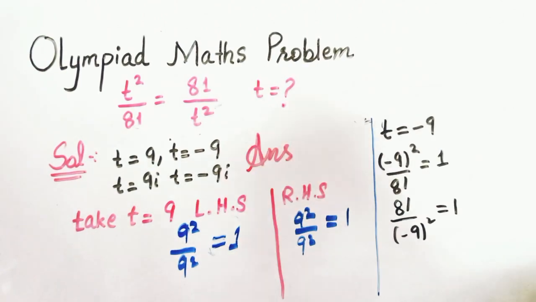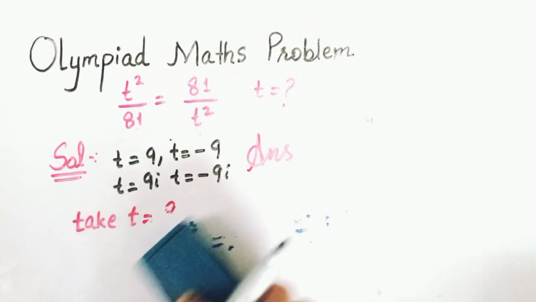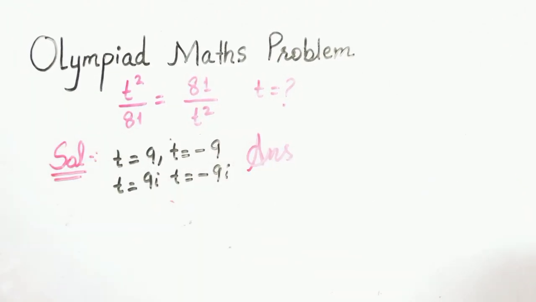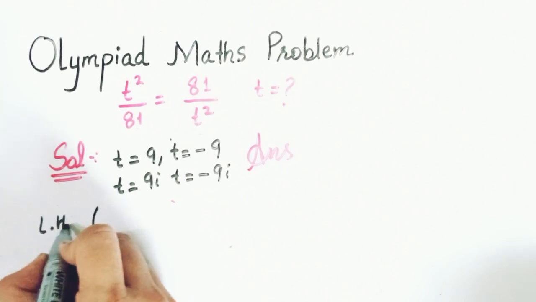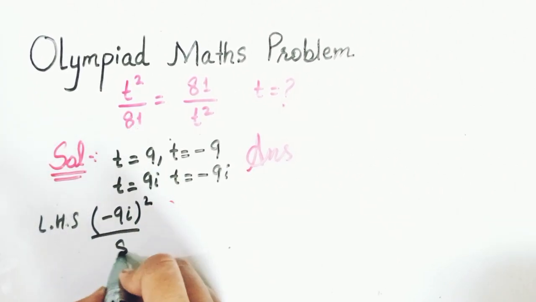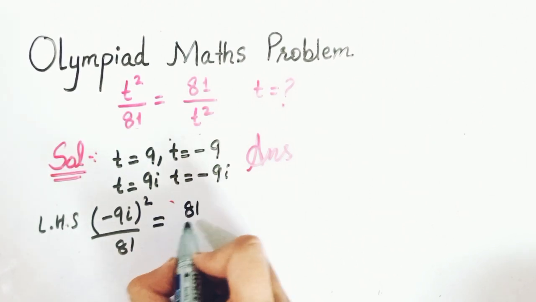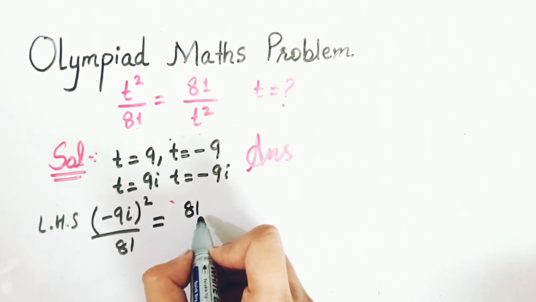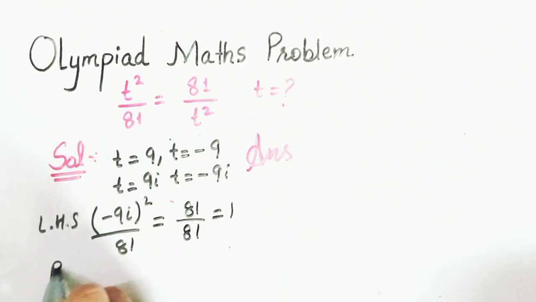When we take the iota value, now we will solve this for iota. In the left hand side we have minus 9 iota its square divided by 81, that gives us 9 square is 81 and iota square is minus 1, minus into minus 1 is plus 1, so 81 by 81 is 1.